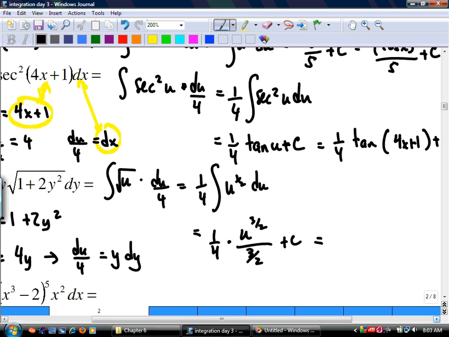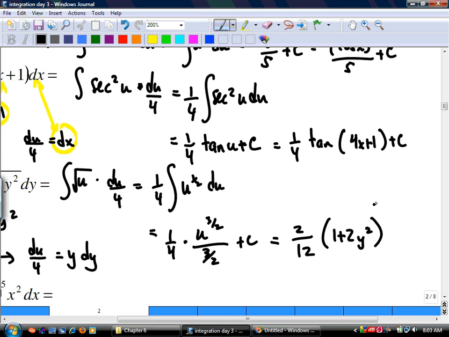So you're going to write it as 2/12 bracket 1 plus 2y squared to the 3/2 plus c. 2/12 is still not acceptable, but anyways. You can write it as 1/6. Did I do that fraction change too quick? Flipped and multiplied in my head.